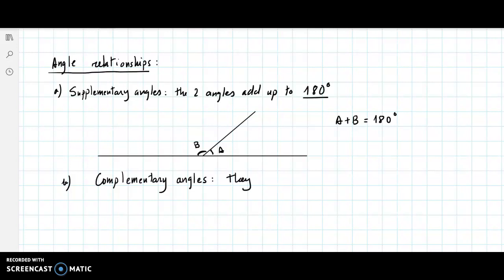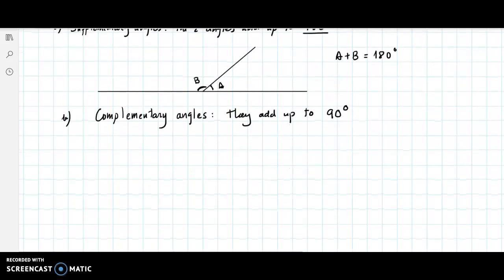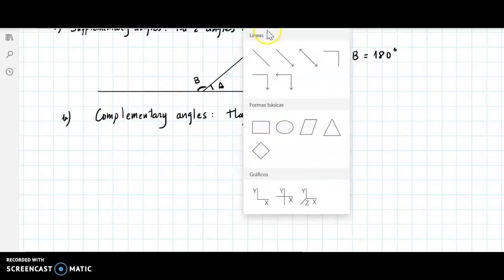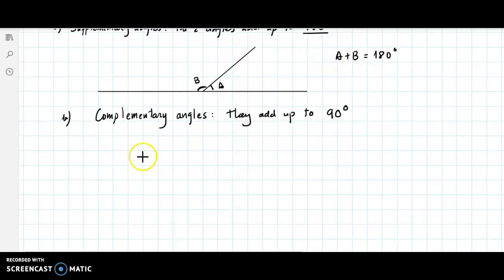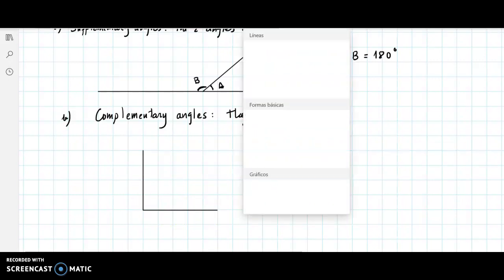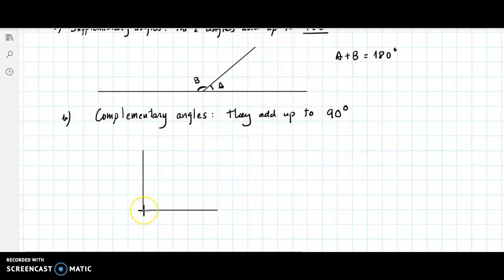So they add up to 90 degrees. So now we are going to make a right angle, I mean, an angle that is 90 degrees. From the same vertex, sorry, I'm going to make another side. It doesn't matter how to make the side. It can be this way, okay?